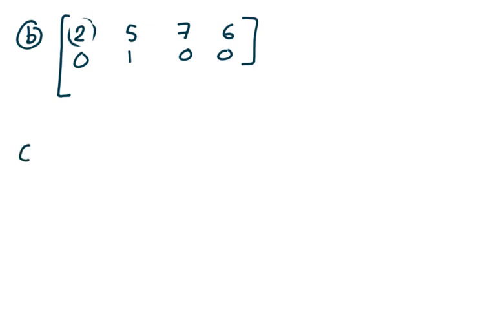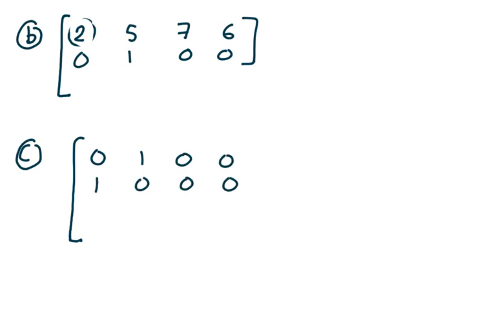Now, I want to give you one last example. What if I give you this one? 0, 1, 0, 0, 1, 0, 0, 0, and then 0, 0, 0, 1. Well, now the leading ones are all good, right?